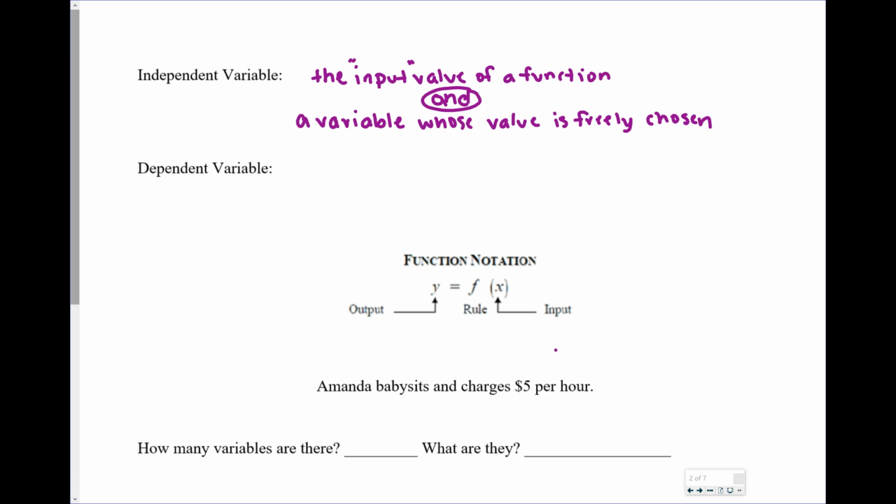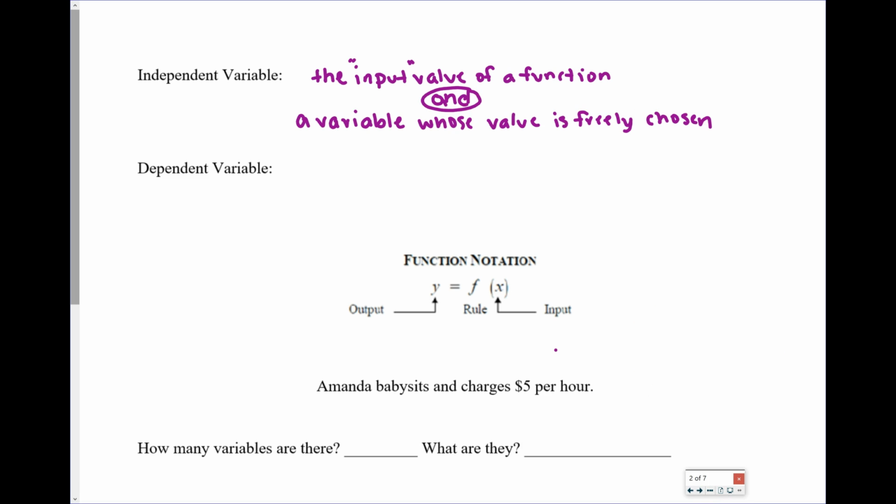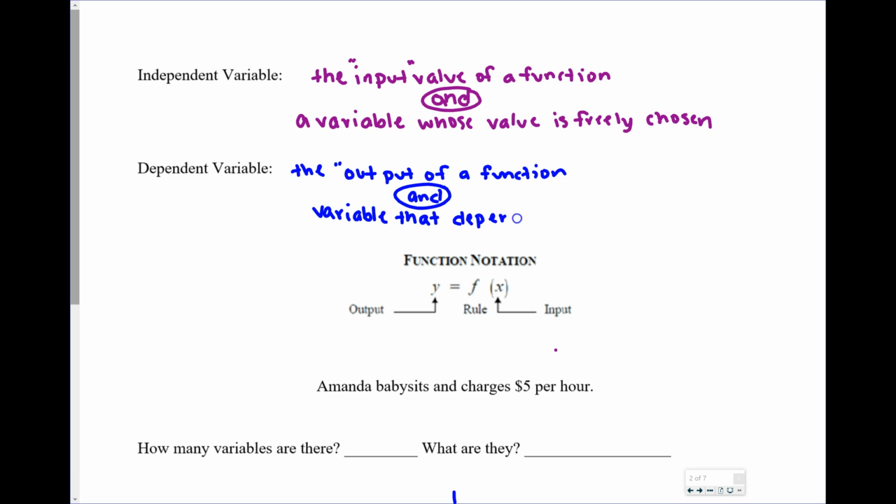Okay. The dependent variable is the output of a function. And in fancy language, we call this a variable that depends on another variable.